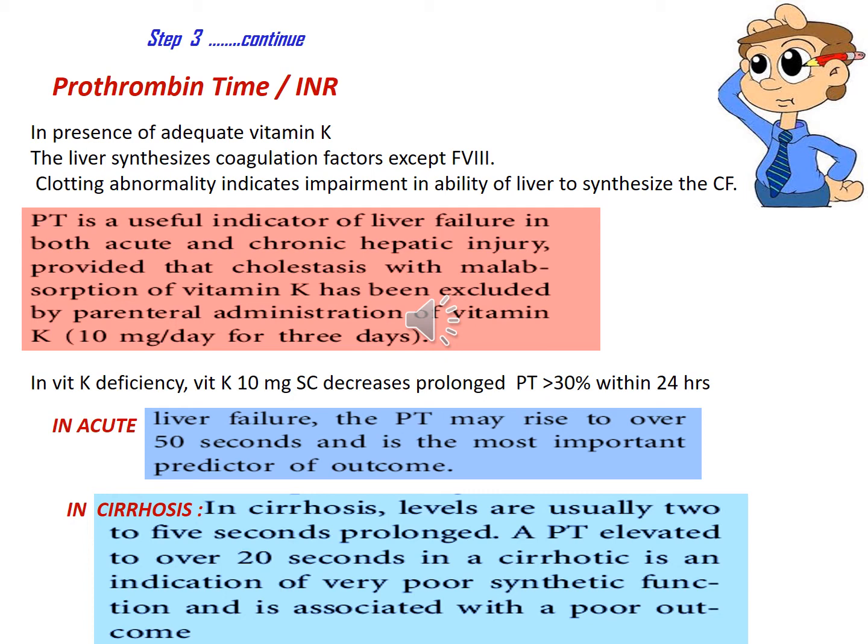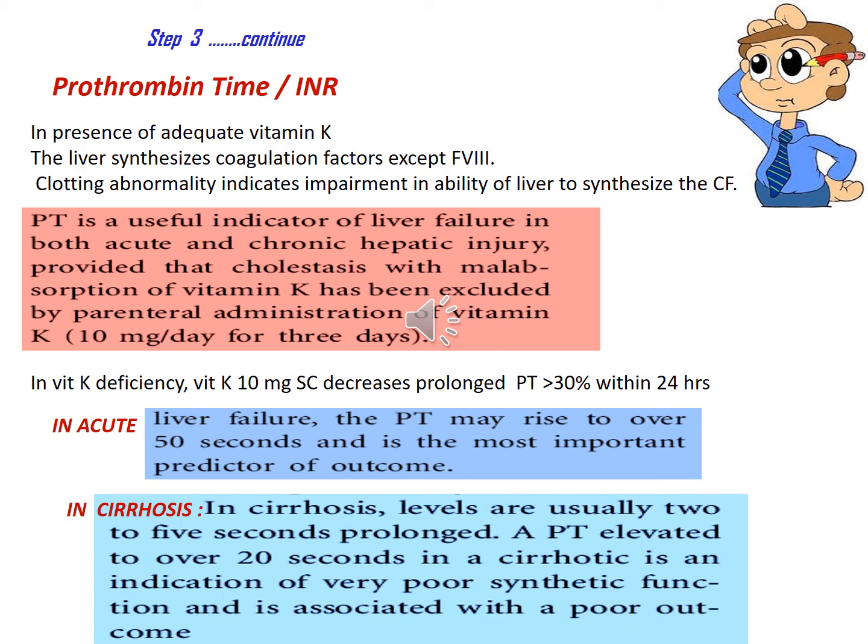So we are talking about the same thing. In the presence of adequate vitamin K, the liver synthesizes coagulation factors except factor 8. Clotting abnormality indicates impairment in the ability of the liver to synthesize the clotting factors, provided the body has enough vitamin K.